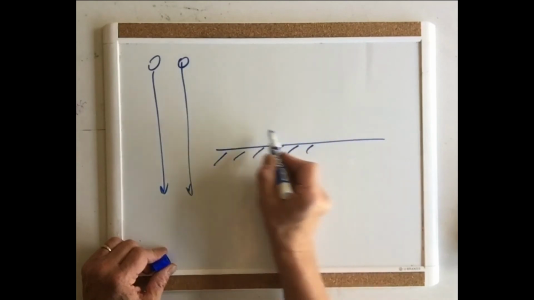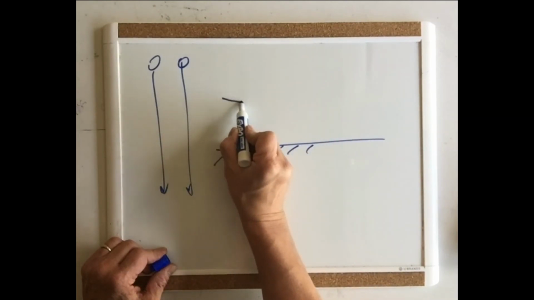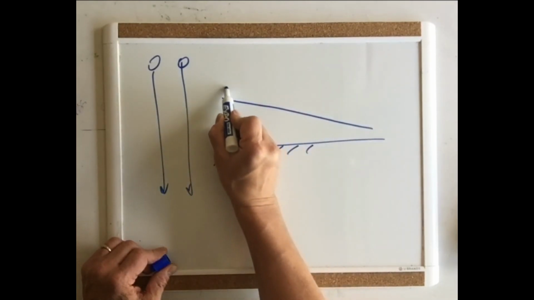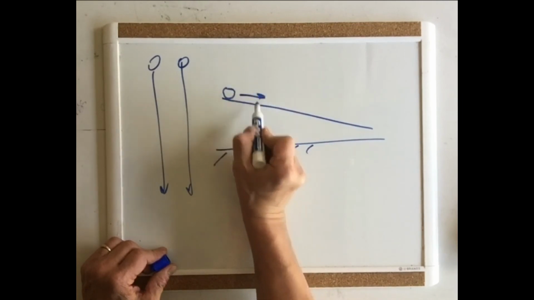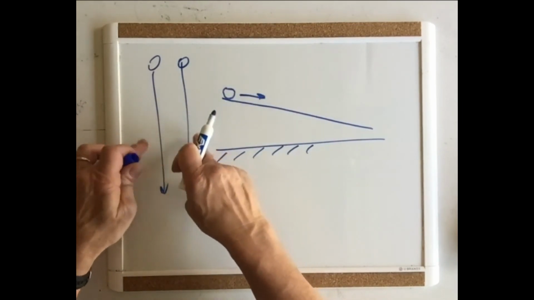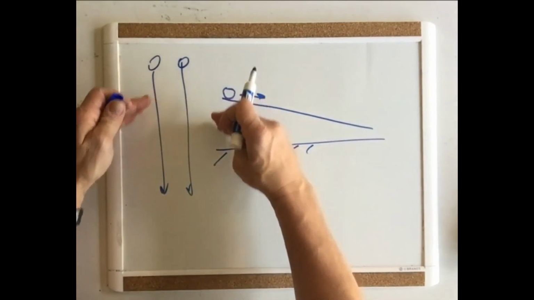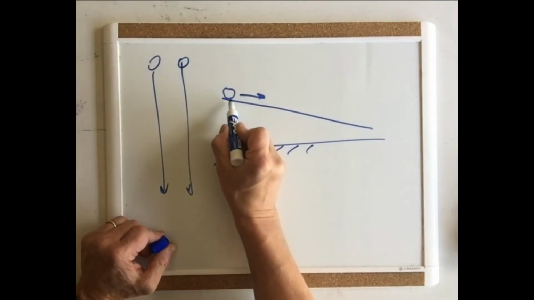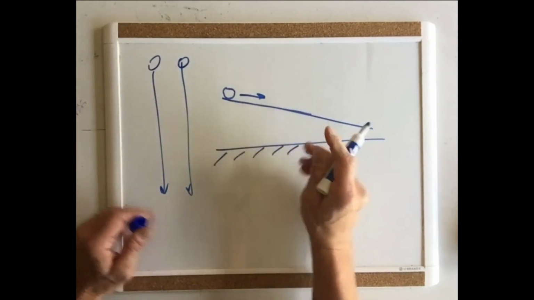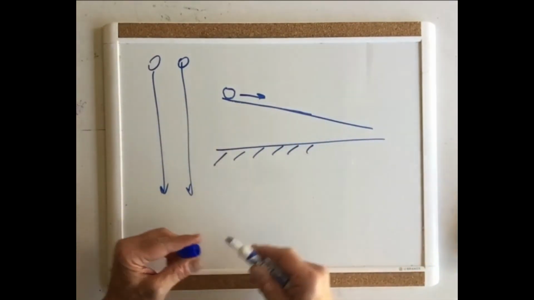Here's the ground. Let's put them on a ramp. Because when objects travel down ramps, they're doing so under the influence of gravity. So it's the same force pulling these things down. It's just now they travel in this direction. We're able to slow down the problem.